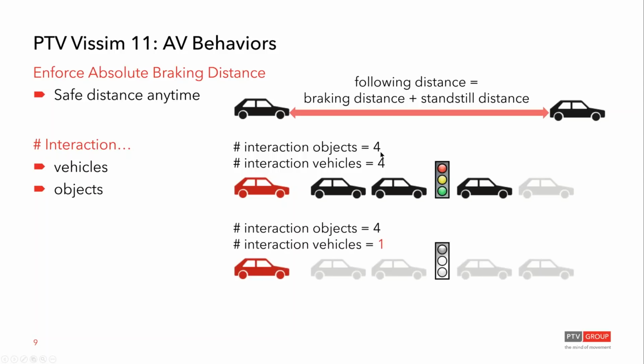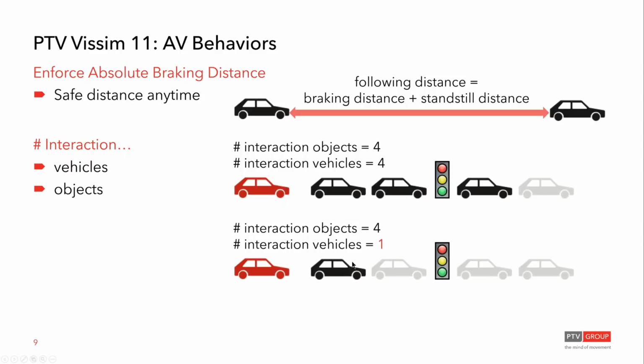The reason we implemented it is that, for example, autonomous vehicles with a specific sensor may be able to see only the leading vehicle and not other vehicles, because they can't see through other vehicles. So you can limit, for example, the interaction vehicles to 1.